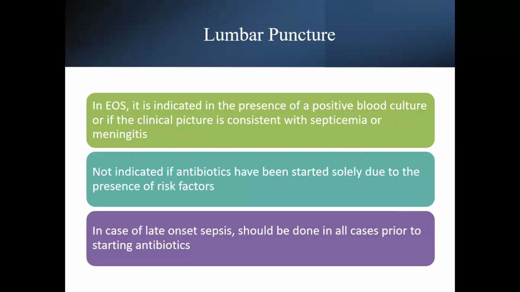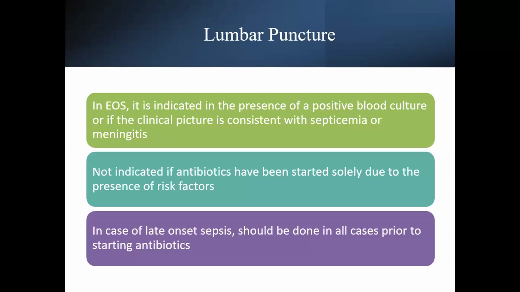So lumbar puncture is important. We usually advise lumbar puncture in all cases of clinical sepsis. In late onset sepsis, it has to be done, and even in early onset sepsis, if the clinical picture is consistent with septicemia or meningitis, or in the presence of a positive blood culture, lumbar puncture has to be done. Around 25 to 30% of septicemic neonates may have meningitis.